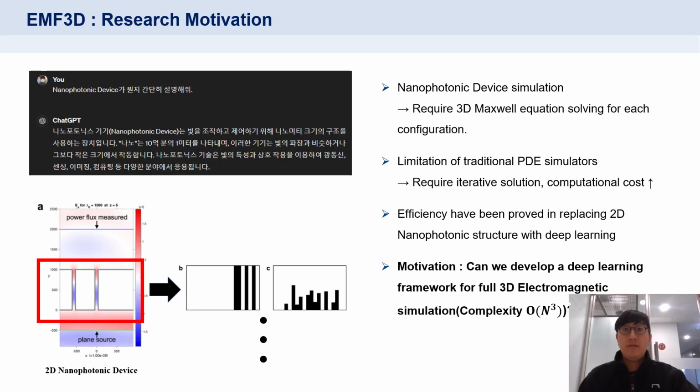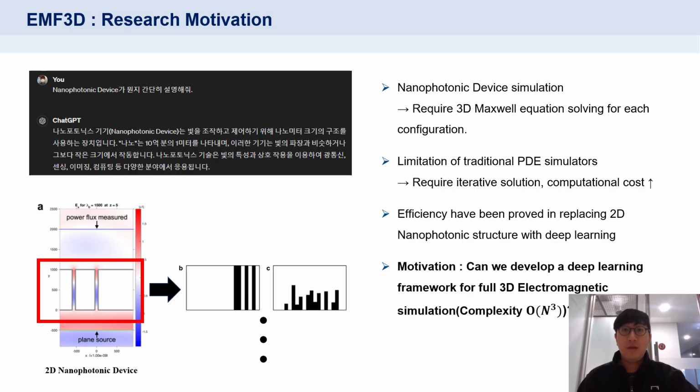Here, I present a fundamental challenge in computational physics and engineering. Traditional numerical simulators, such as the finite difference frequency domain method, provide accurate predictions of physical phenomena, but are computationally prohibitive.